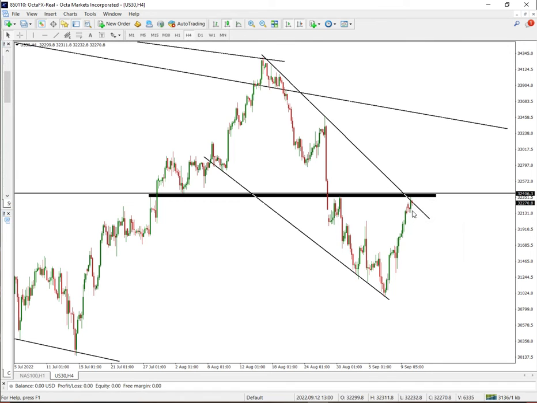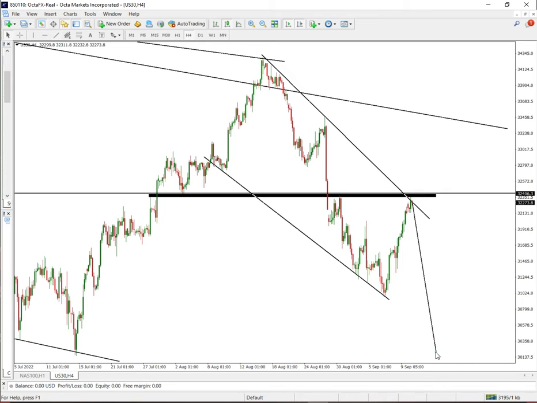So if anything at all, I would also suggest that you wait a little bit for another touch and confirmation. If then you can see by the rejection of candlesticks that indeed it's rejecting, we will scale our sell increase at this point, basically looking for a further push to the downside.